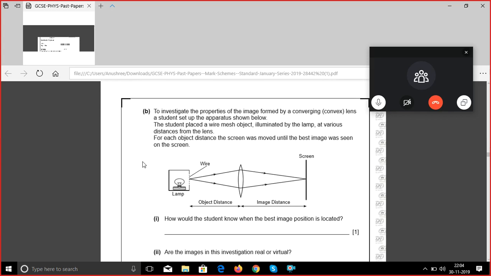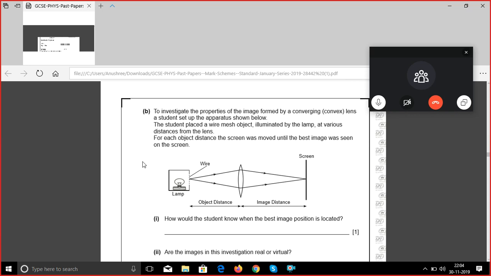To investigate the properties of the image formed by a converging lens, a student set up the apparatus as shown below. They placed a wire mesh object illuminated by the lamp at various distances from the lens. For each object distance, the screen was moved until the best image was seen on the screen.